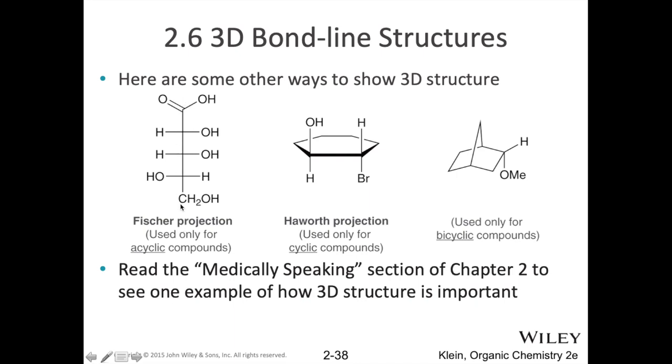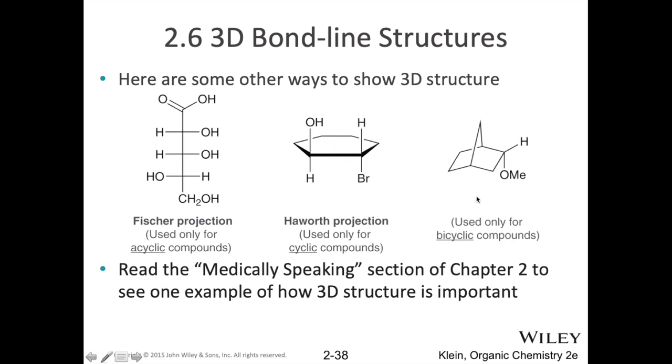Okay, that's just how Fischer projections are drawn. Likewise, in a Haworth projection, you're usually showing a ring compound. So usually when carbohydrates are in solution, they form a ring. And the way you're drawing this is the ring is lying sort of flat, sort of sideways, where these atoms down here are closer to you.